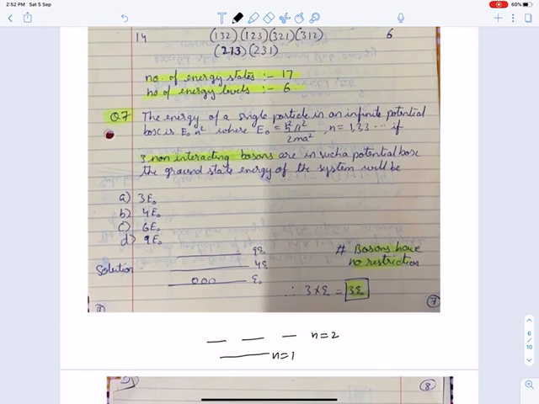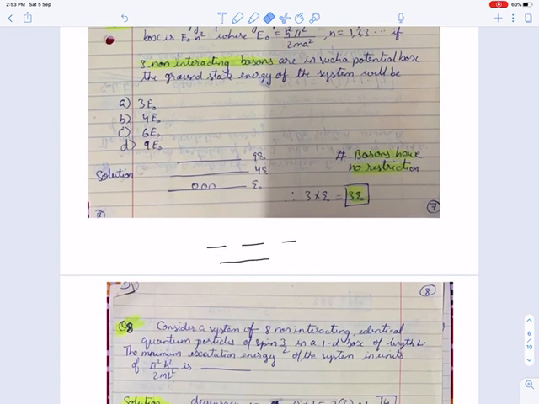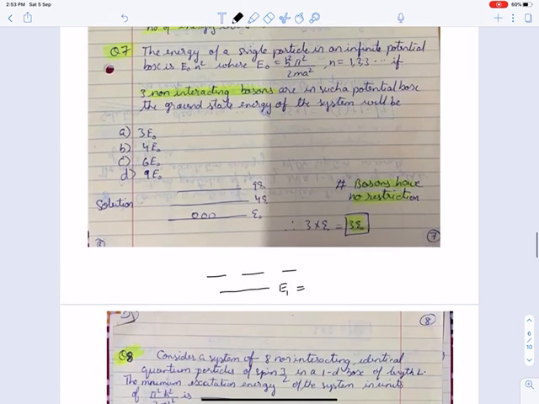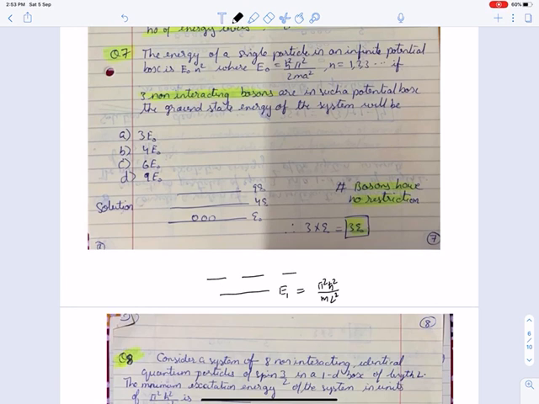Means A equal to 1, E1. Okay, so E1 is equal to pi square h cut square upon ml square.